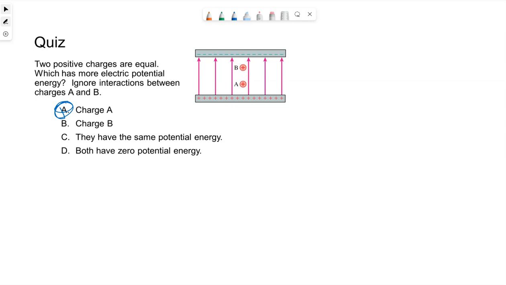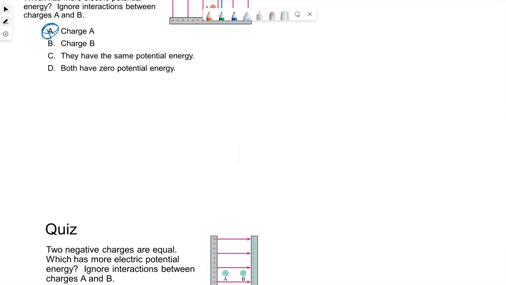So the fact that A has farther to move in this electric field compared to B, it will have more time to accelerate and therefore will be moving faster as it hits the negative plate. So the one moving faster would have more kinetic energy, which came from potential energy. So farther distance from the plate it's going to head to gives it more potential energy.